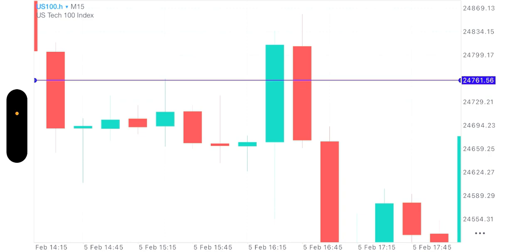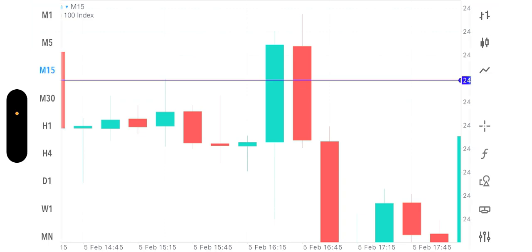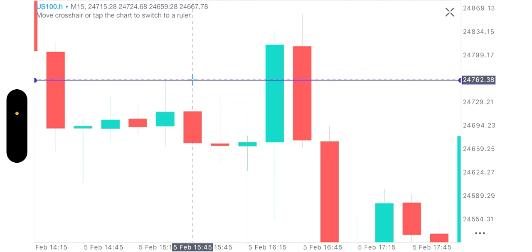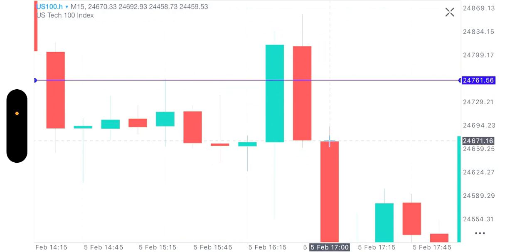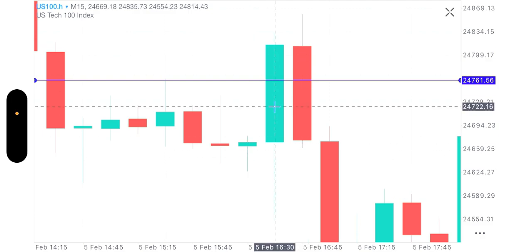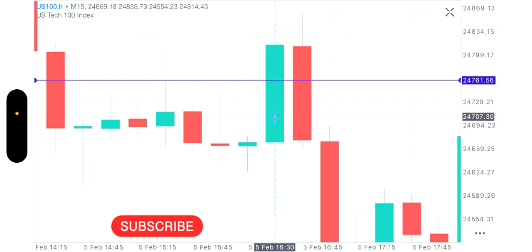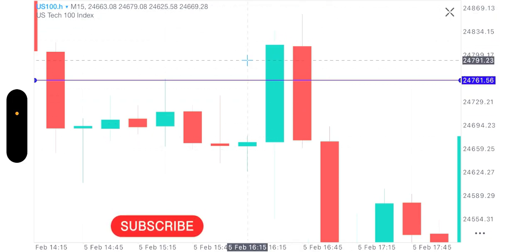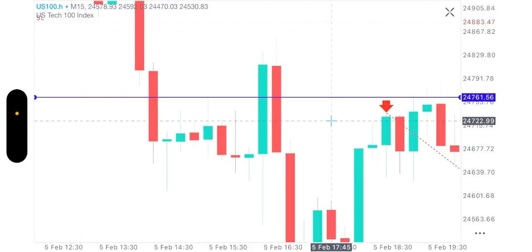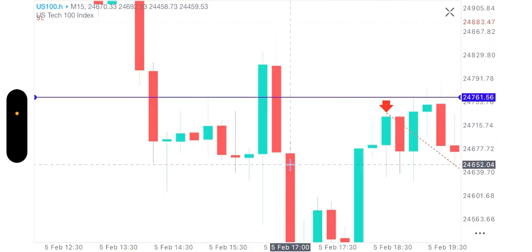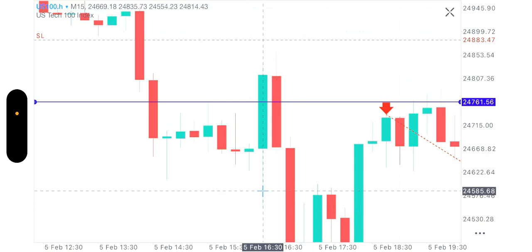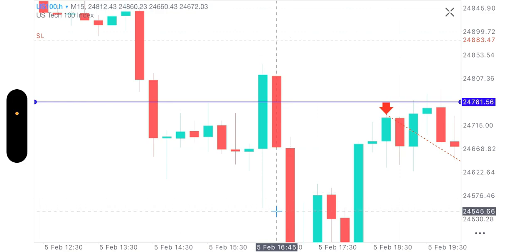As soon as price took out that high, there's a quick sharp sell. This bullish candle took out the high, and then immediately there's a bearish candle that engulfed this bullish candle, and then there is a break in structure, or market structure shift, just like ICT always calls it.